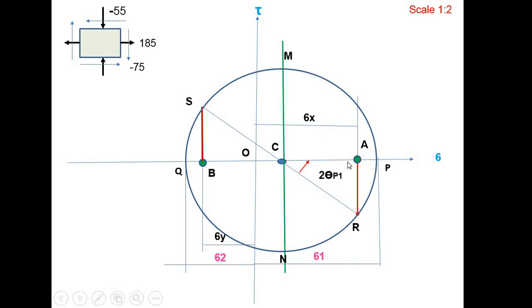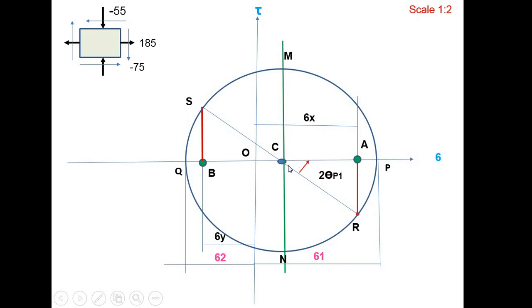Major principal plane means this OP is our major principal stress, because at point P the value of tau is 0. Whenever the value of tau is 0, that plane will be the maximum principal stress plane, or we can say that plane is a major principal plane.